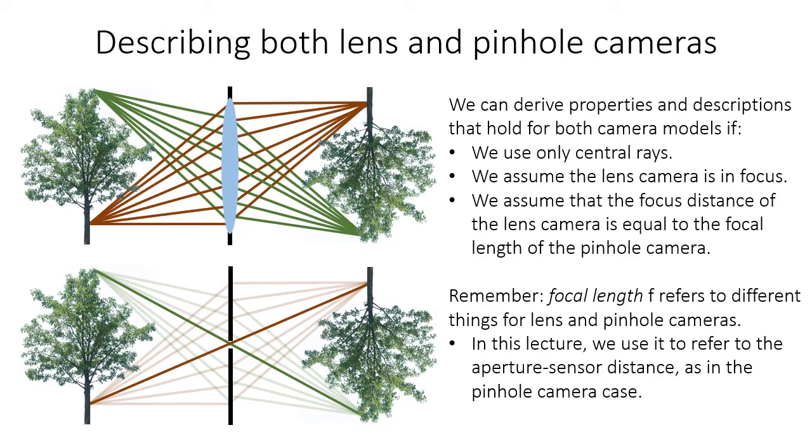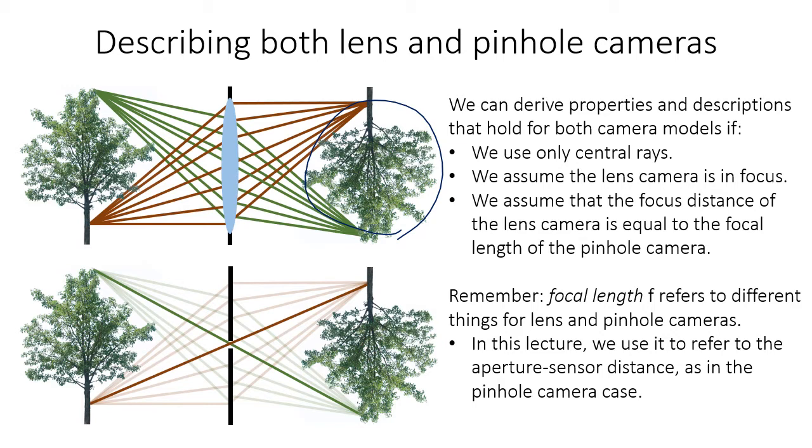Let me summarize this lens and pinhole camera model. We can derive properties and descriptions that hold for both camera models if we only use central rays for both models, and it is done by assuming the lens camera is in focus, as shown here. So in this case, we assume an ideal lens model, but usually the lens can be made well.